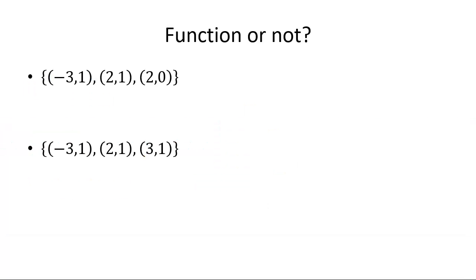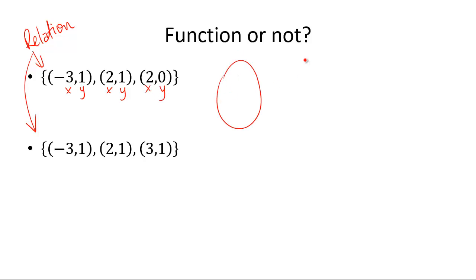Let's consider the following. Are these functions or not? So they're both relations. A relation is a broad term. They relate the x and y, the input and the output. So you could draw a mapping of this just to get a sense.